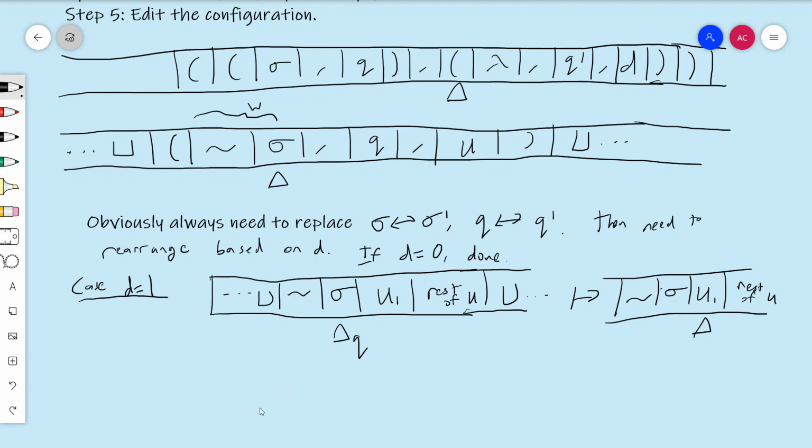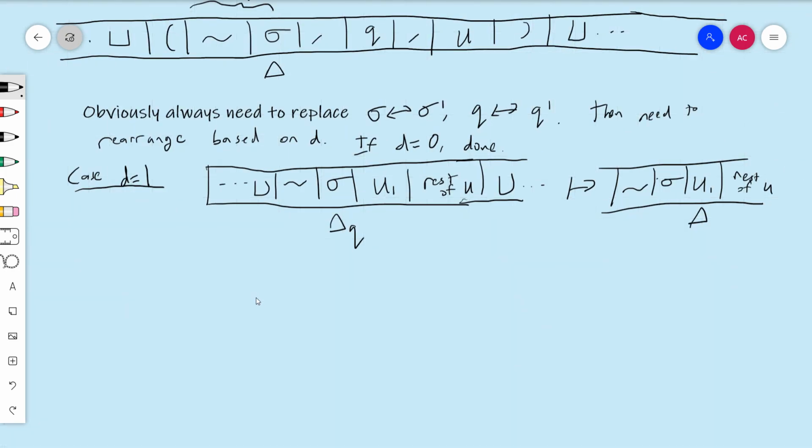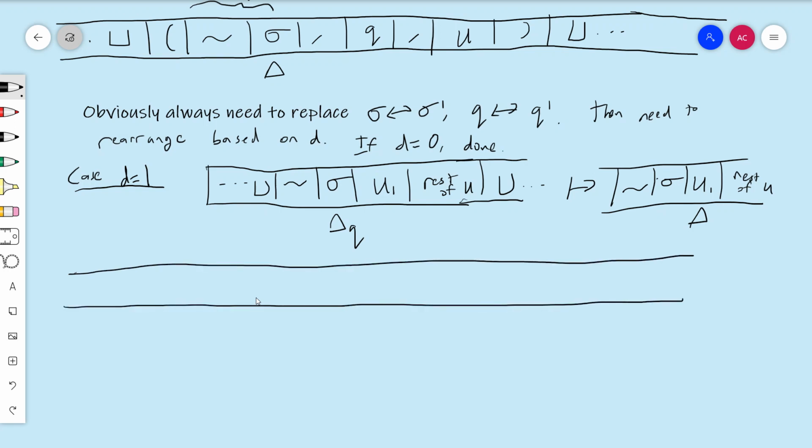So what do we need to do? Let's draw it out. I'm going to assume that I've already replaced sigma with sigma prime, and Q with Q prime. So I've already replaced this guy and this guy with what I need.